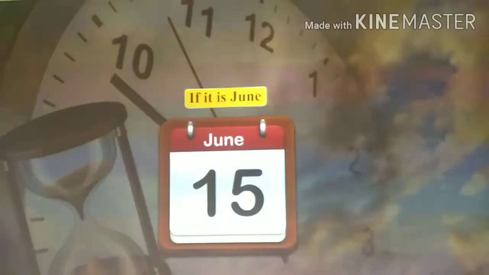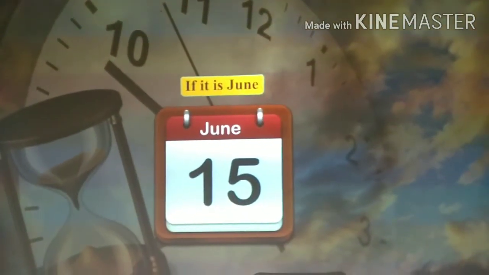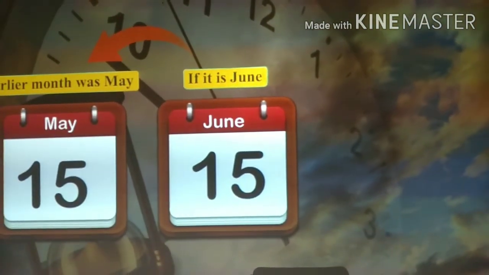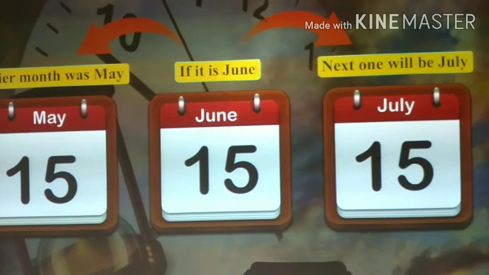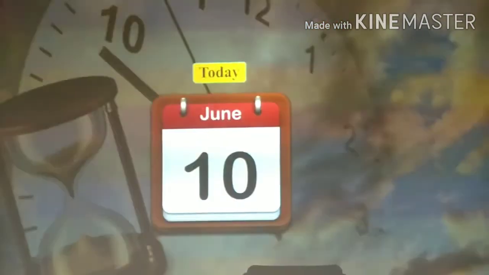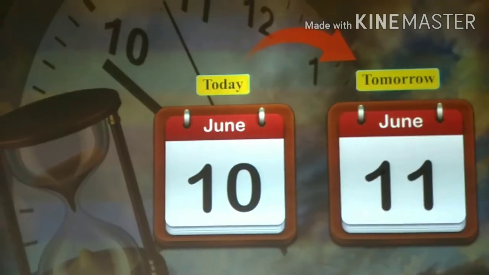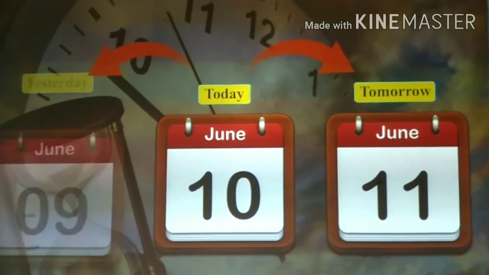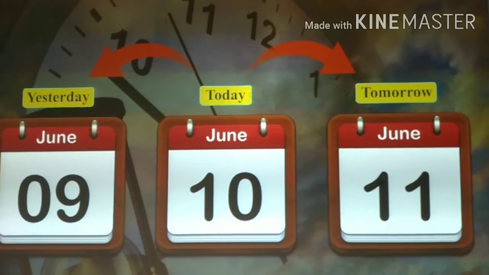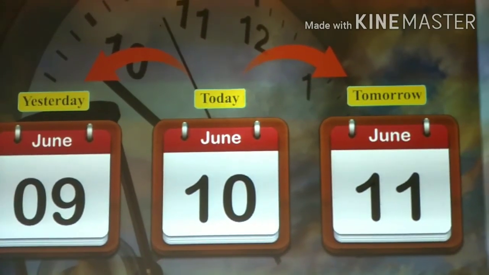For example, if it is June, then we know that the earlier month was May and the next one will be July. If today is the 10th of June, then we can tell that tomorrow will be the 11th of June and yesterday was the 9th of June. Thus we can measure time.